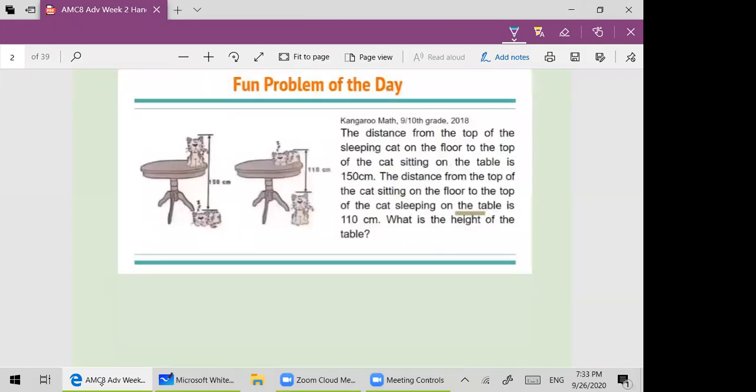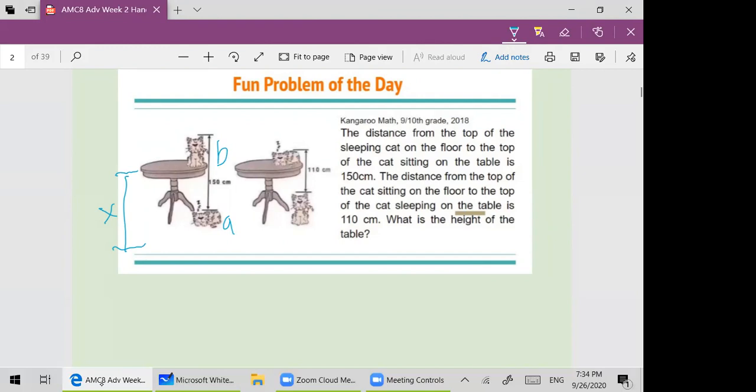So, for this fun problem of the day, let the table have a height of x centimeters, let the sleeping cat have a height of a centimeters, and the standing cat have a height of b centimeters.